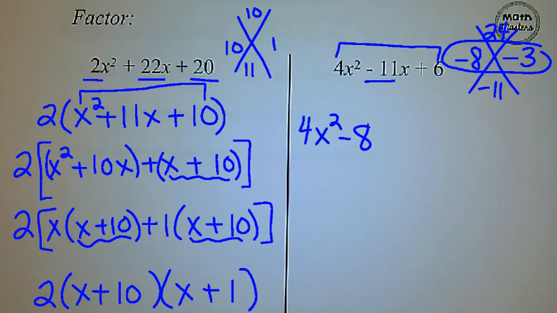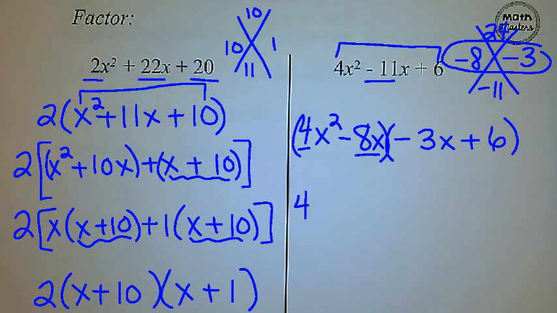So minus 8x minus 3x plus 6. I get a 4 and an 8, so I can take out a 4. I can take out the x's, and left over I have x minus 2.